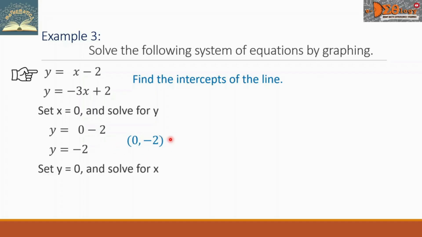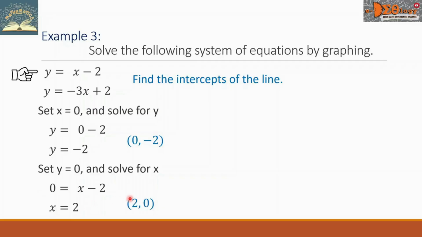Then the x-intercept, we set y equals 0 and solve for x. So this y equals x minus 2 becomes 0 equals x minus 2. We transpose the negative 2 to the left. It becomes positive, or we say that x equals 2.